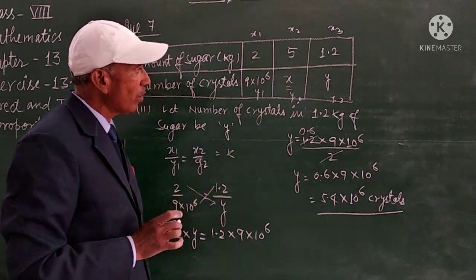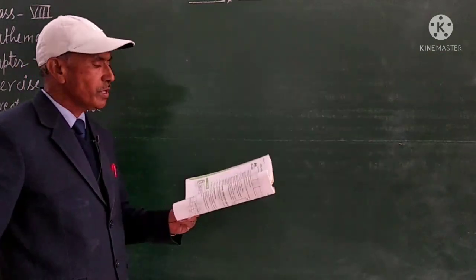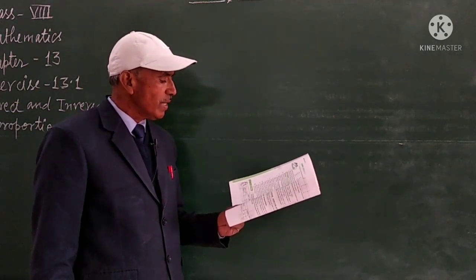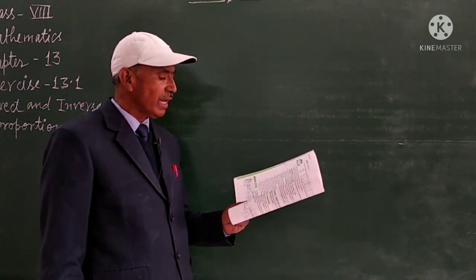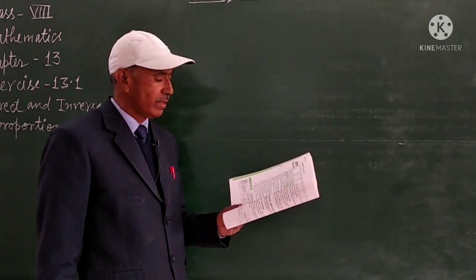Clear, student? Now we have to solve question number 8. Question number 8, student, it is: Rasmi has a road map with a scale of 1 centimeter representing 18 kilometers.